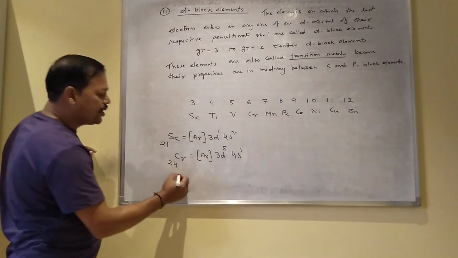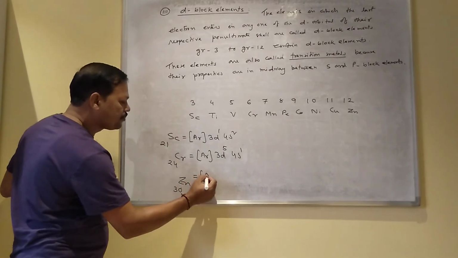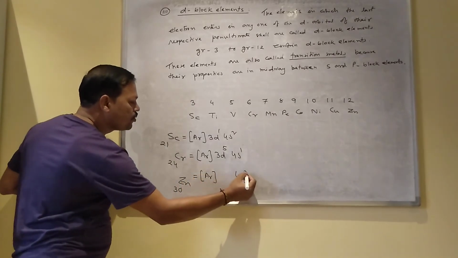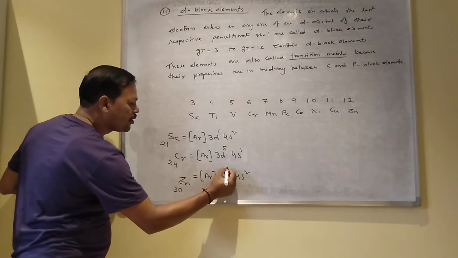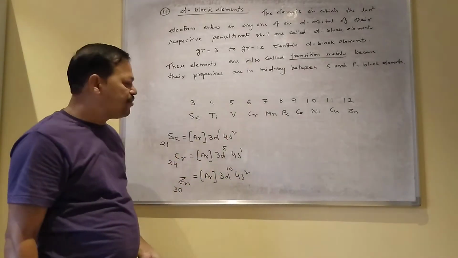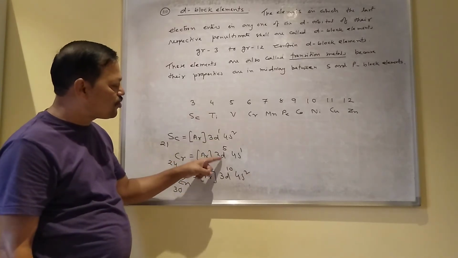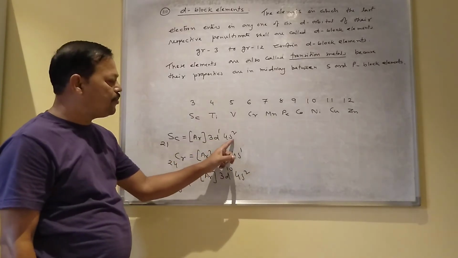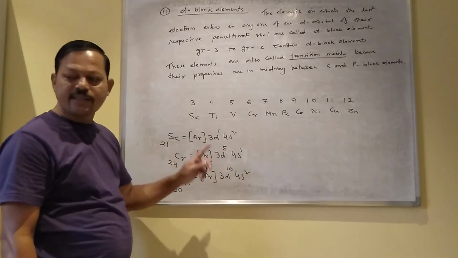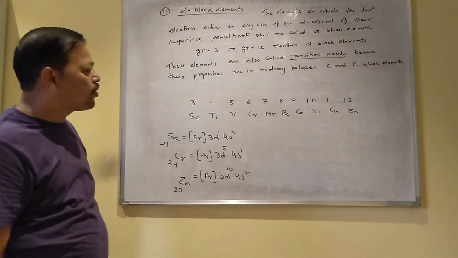For zinc, atomic number 30: argon, then 4s2, then 3d10, total 30. Here you have seen the last electron always enters d. After filling 4s, you have to enter d, and since the last electron enters d, that's why they belong to d block elements.